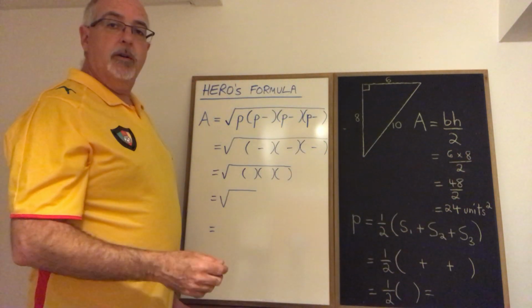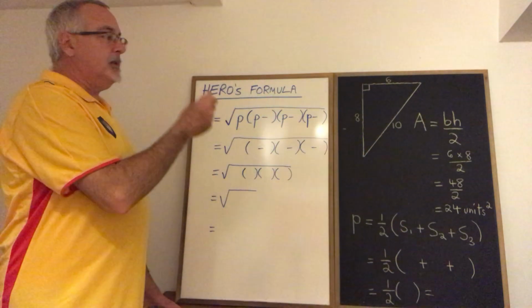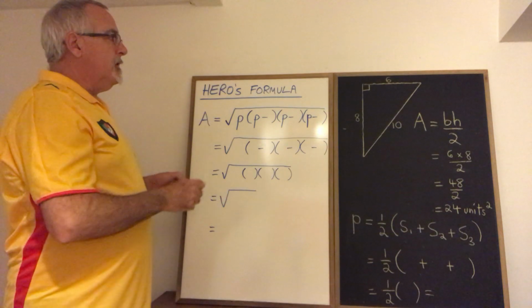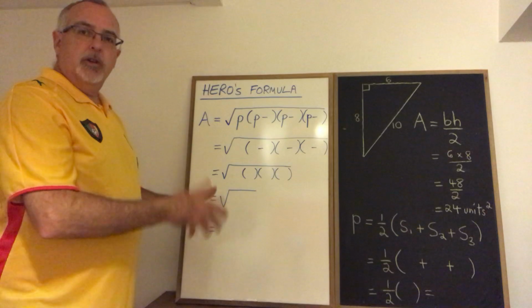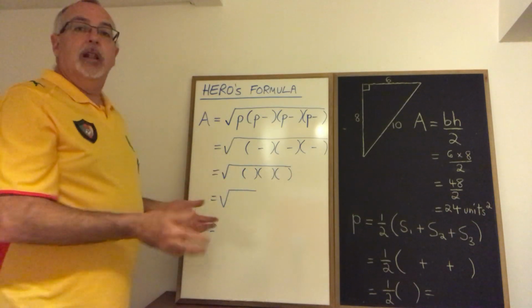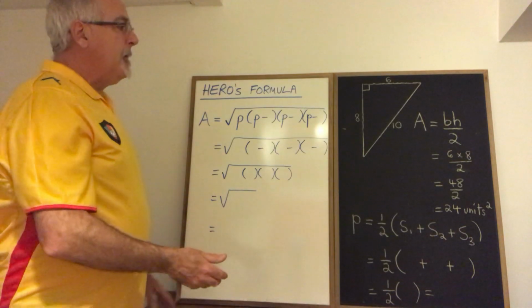We have 24 square units as the answer for area of this triangle. But I like to use a simple example when the student is encountering the formula for the first time, and then the student can gradually encounter slightly more challenging examples and be able to go through the steps successfully.